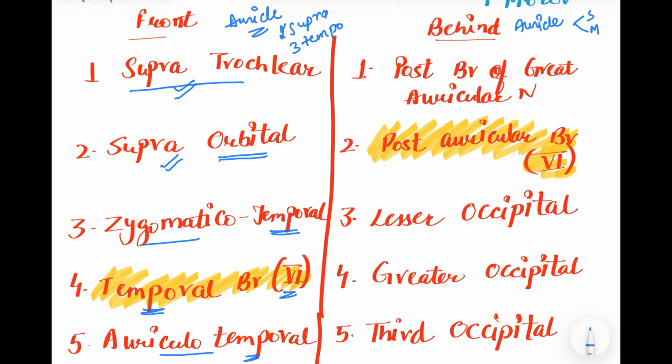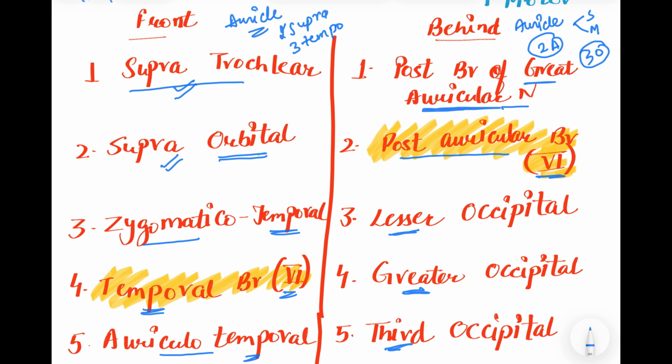So behind we have 2 auricular and 3 occipital. 2 auricular are posterior branch of great auricular nerve and posterior auricular branch of facial nerve, and 3 occipital are lesser occipital, greater occipital and third occipital. So we have 2 auricular and 3 occipital over here, right?